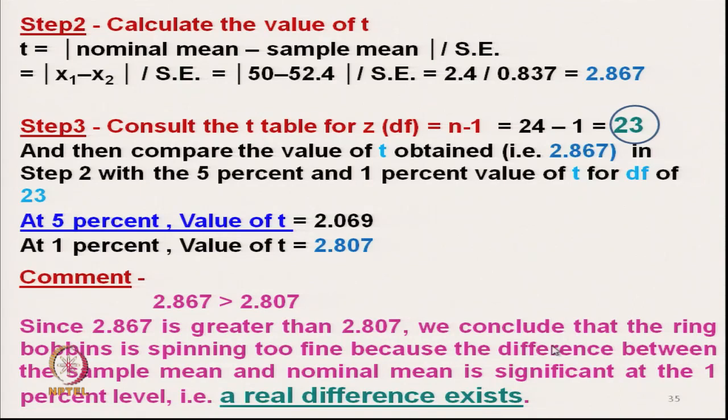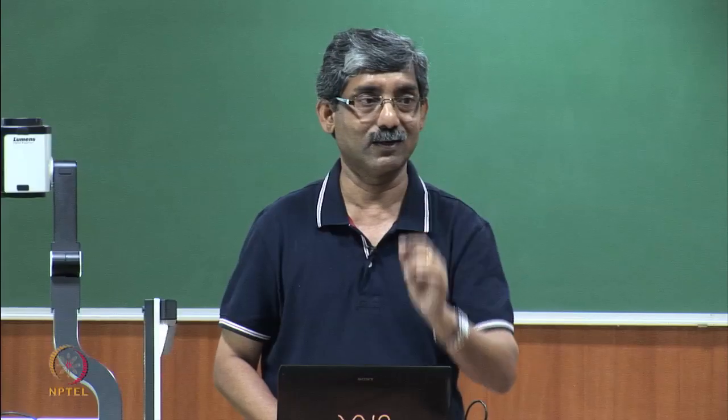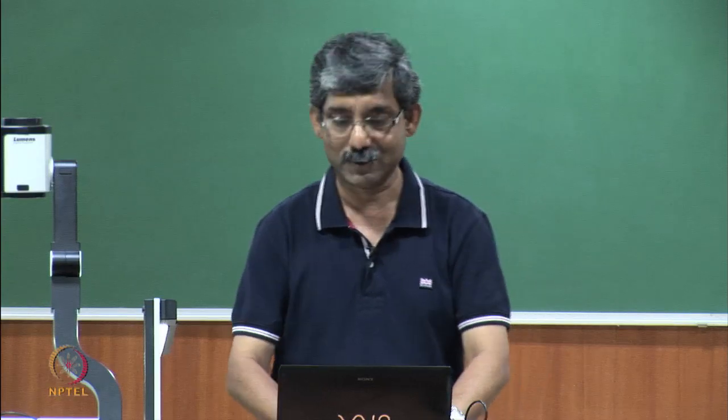So, we conclude that the ring frame is spinning too fine a count, because the difference between the sample mean and the nominal mean is significant at the 1% level. So, a real difference exists. If it is there, then what action do we have to take? We have to stop the machine, stop the production, and take all the corrective action.